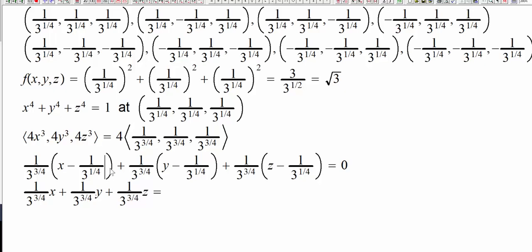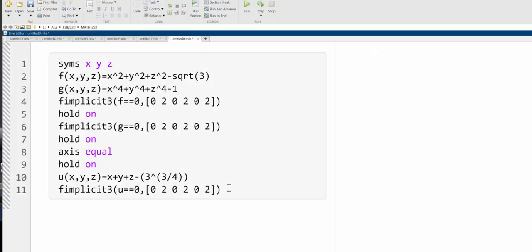They will add up to a 1, right? So what is an equation of the tangent plane? x plus y plus z equals how much? 3 to the 3/4.